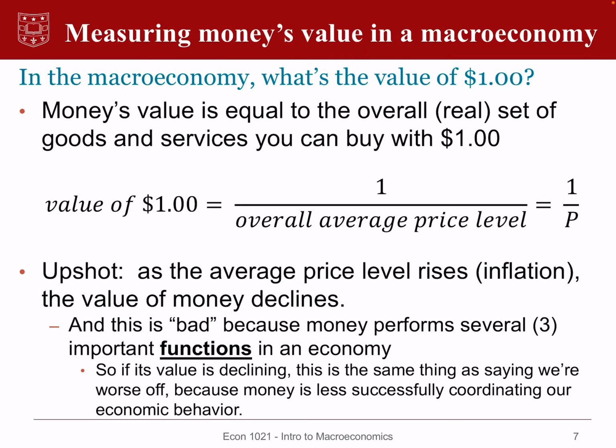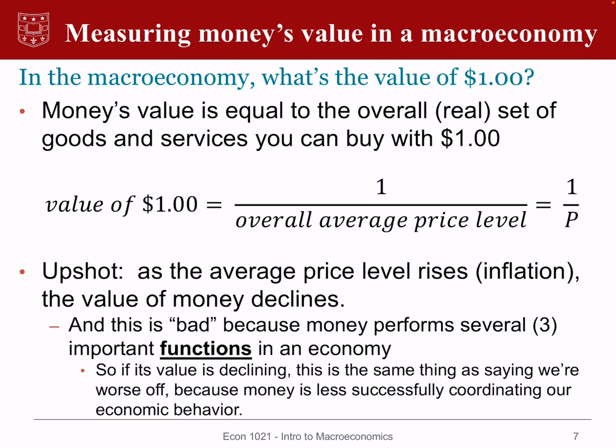So let's bring this out to the perspective of the macroeconomy. In the macroeconomy, what's the value of $1? Well, the value of $1 in a more general sense is equal to the overall real set of goods and services that you can buy with $1.